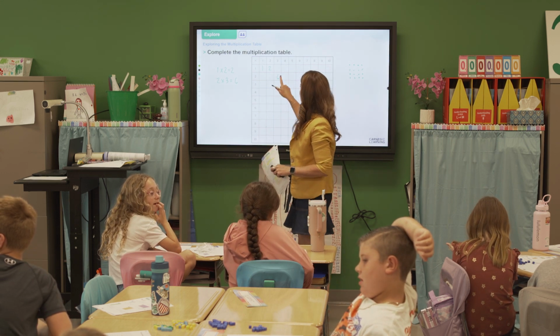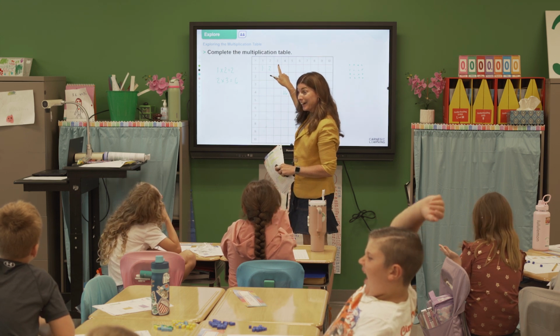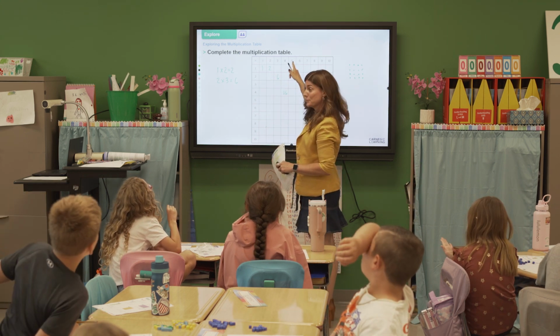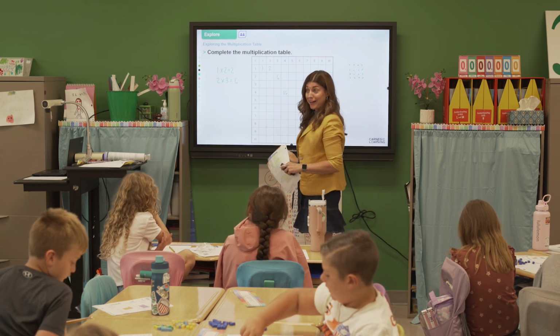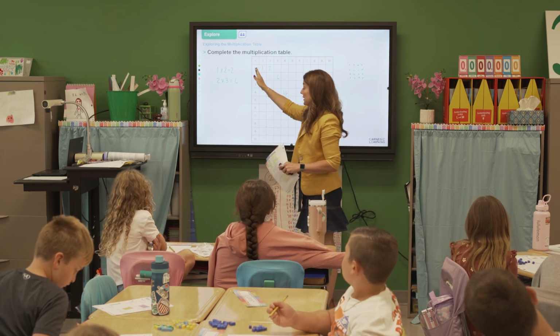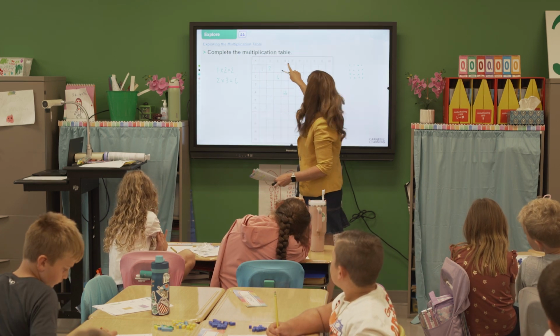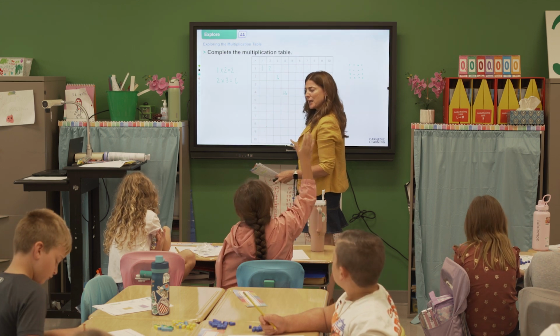5 columns and 10 rows, which equals 50. All right, so she said she did 5 columns and 10 rows. Ooh, that's a lot, right? Which is the same thing as 10 rows with 5 columns. If I did that, what is my product down here? 50.